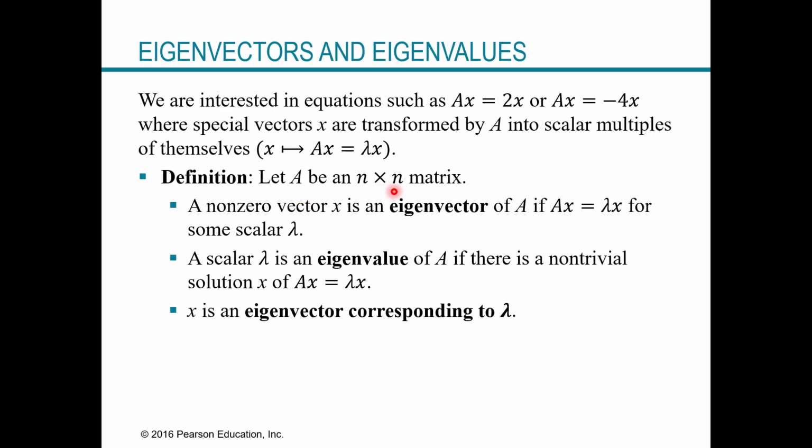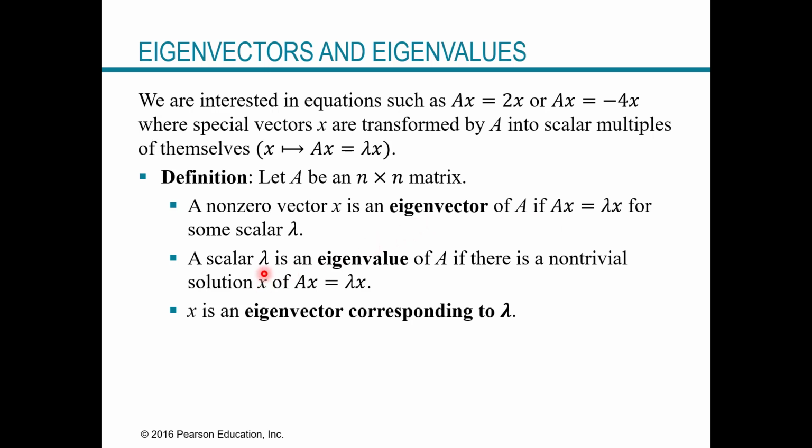A is going to be an n by n matrix, and a non-zero vector x is what's called an eigenvector if A times x equals lambda x, where lambda is a scalar. So if you can multiply x by some scalar and it's the same result as if you multiply it by the matrix A, we call that an eigenvector.